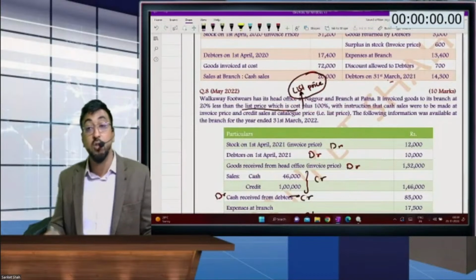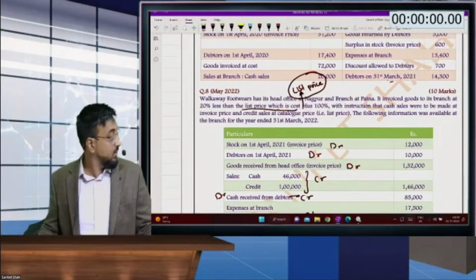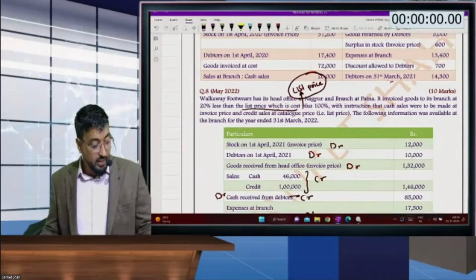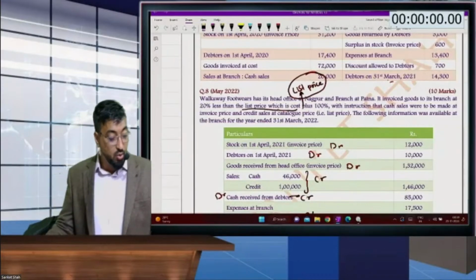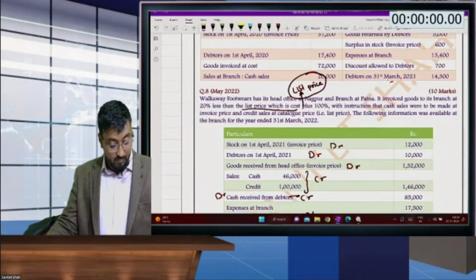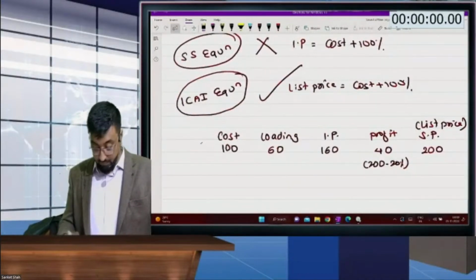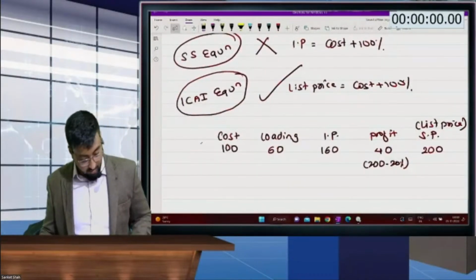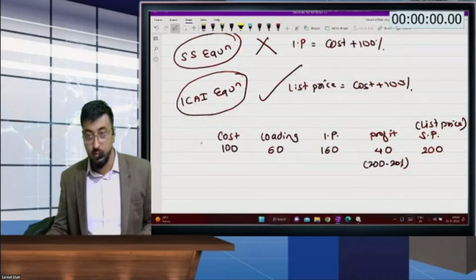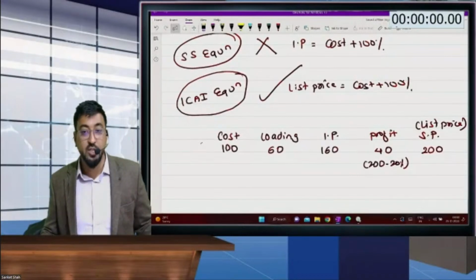ICI wants this to be a list price. So please form the equation.